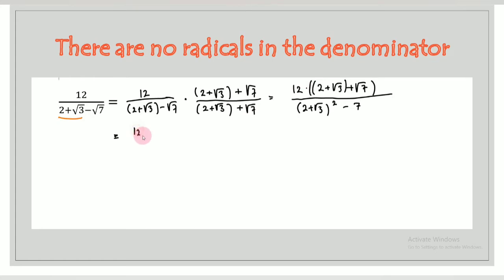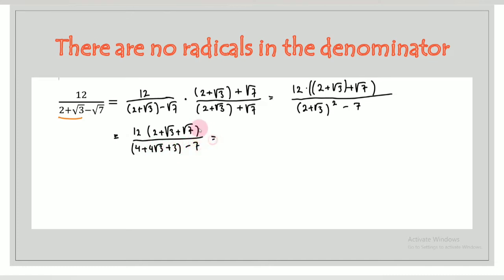I want to distribute 12, but before that, let me simplify inside the parentheses. Let me square 2 plus square root of 3, which is 4 plus 4 square root of 3 plus 3, minus 7.